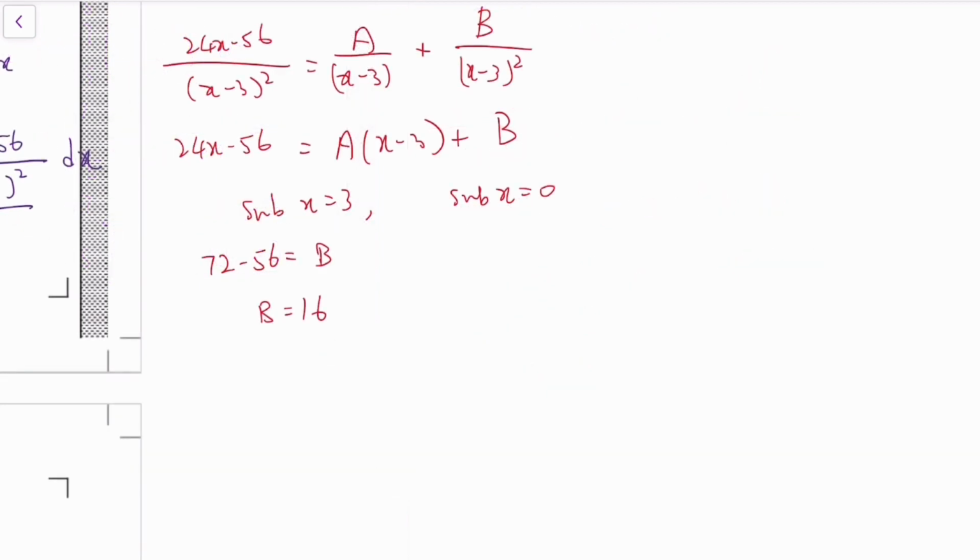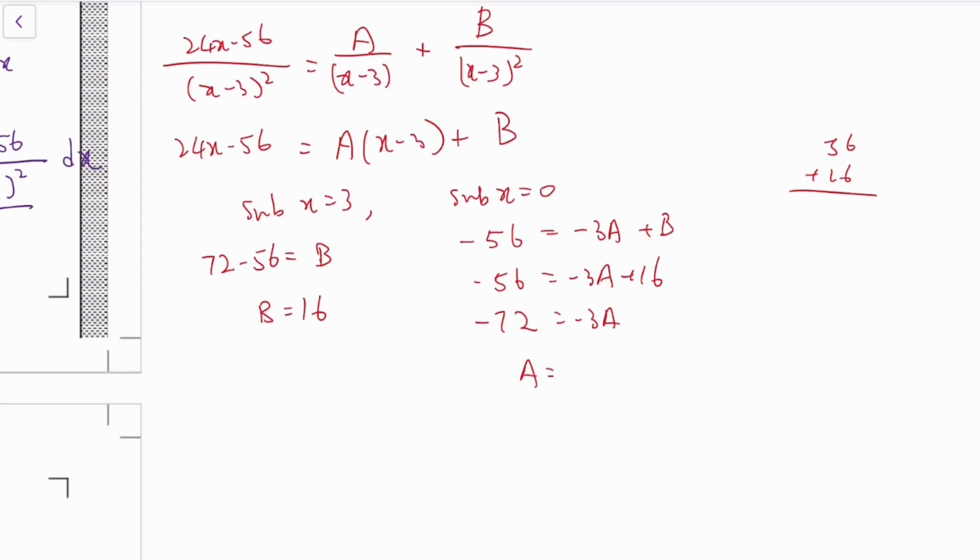So the left-hand side becomes negative 56 equals minus 3a plus b. Well, we found b to be 16, right? So you minus that. That's like what, 72 negative. So that means a is positive 24, I think.